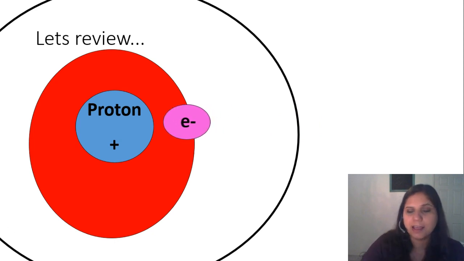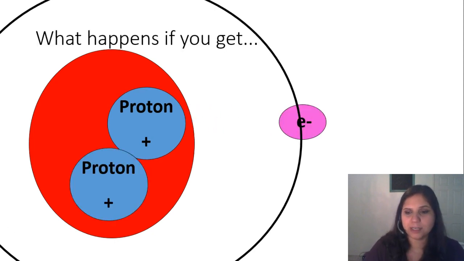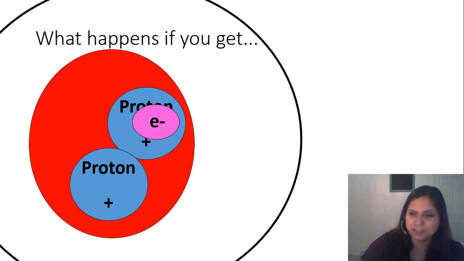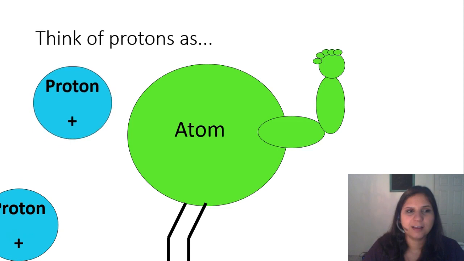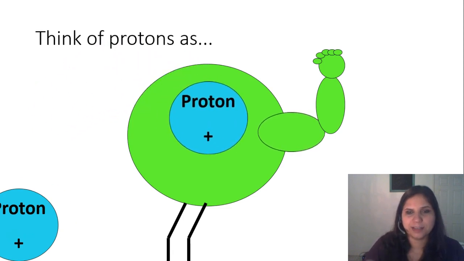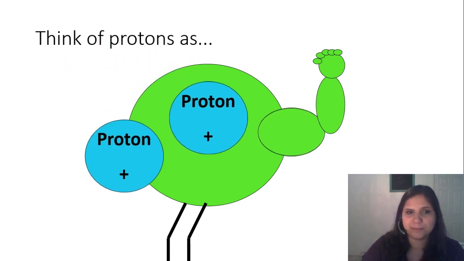If you have more protons, that proton will pull on the electron with even more force. They don't actually touch, but just imagine here, the stronger the nucleus by more protons, the stronger the magnet inside of that nucleus for those electrons anyways. All right, so we can think of protons as something that gives our atom strength.